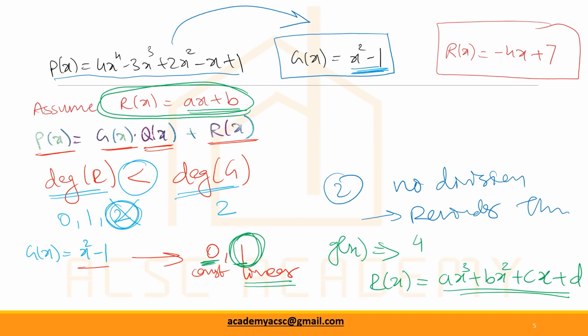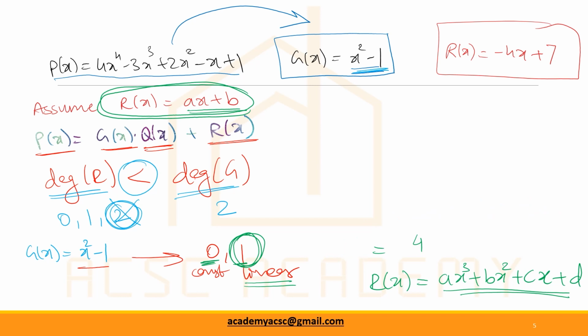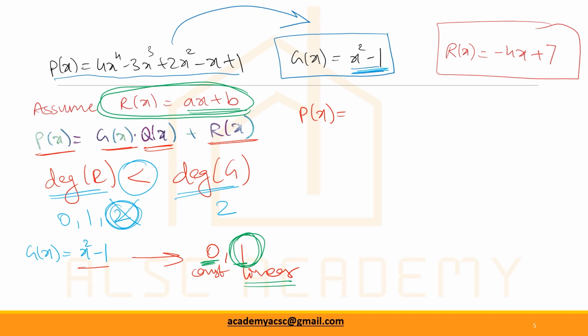Now from here, we will write p of x equal to some q of x, we do not know what that quotient is because we are not dividing them, into g of x.